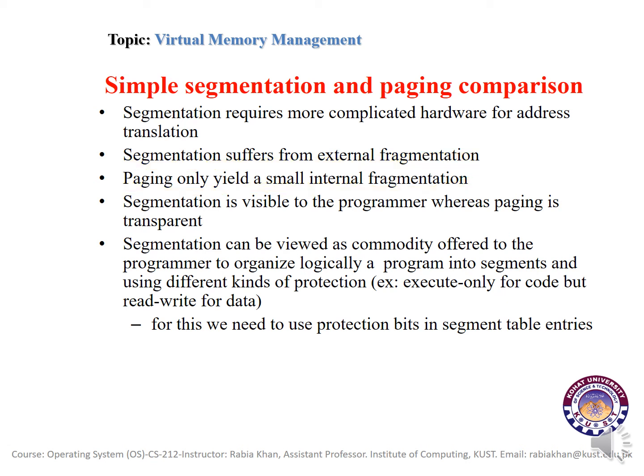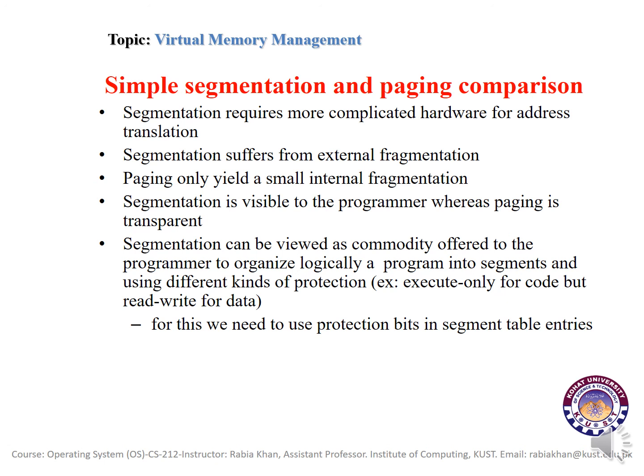Segmentation actually is a treasure for the programmer to organize his programs. So protection is provided in segments in the shape of the size, as we store the size or length of every segment in every segment table.